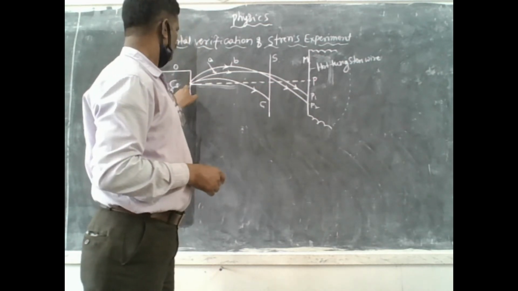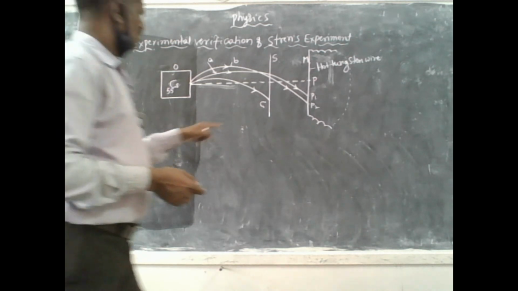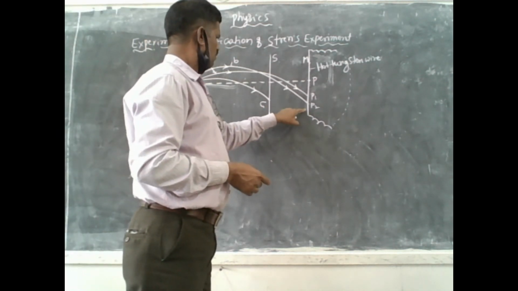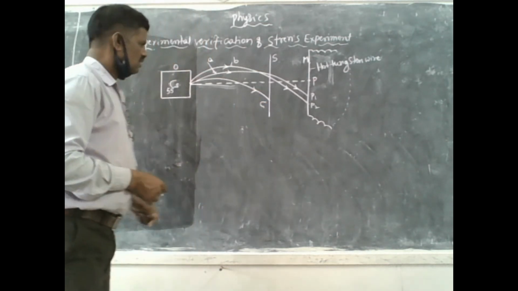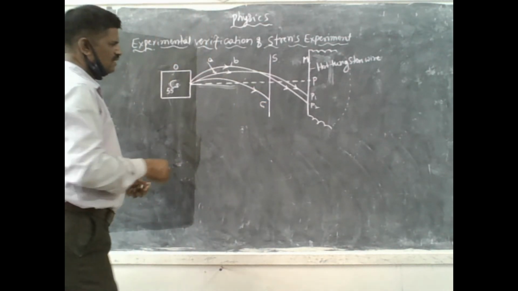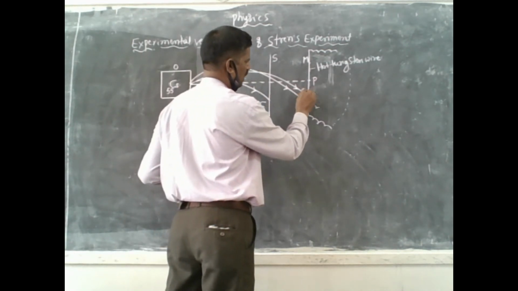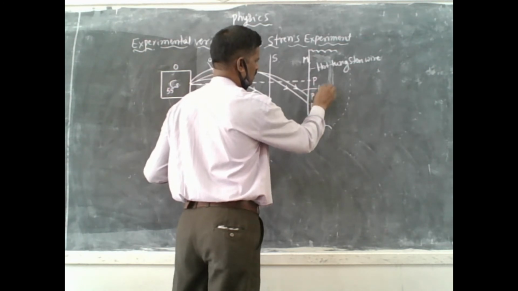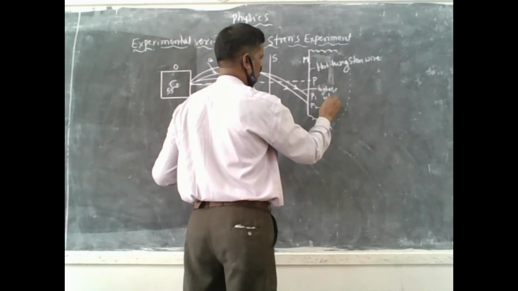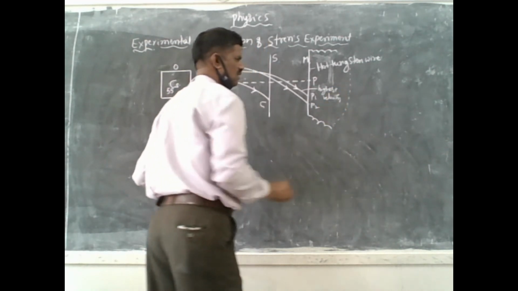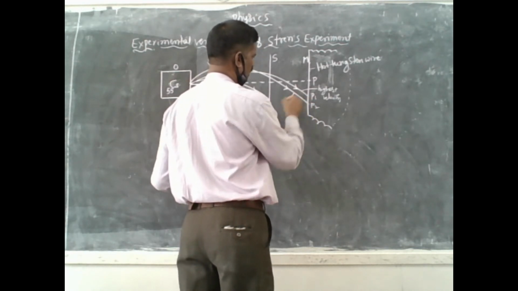The beam C does not move faster, but it is deposited on the screen because it has lower velocity, and this has the highest speed.